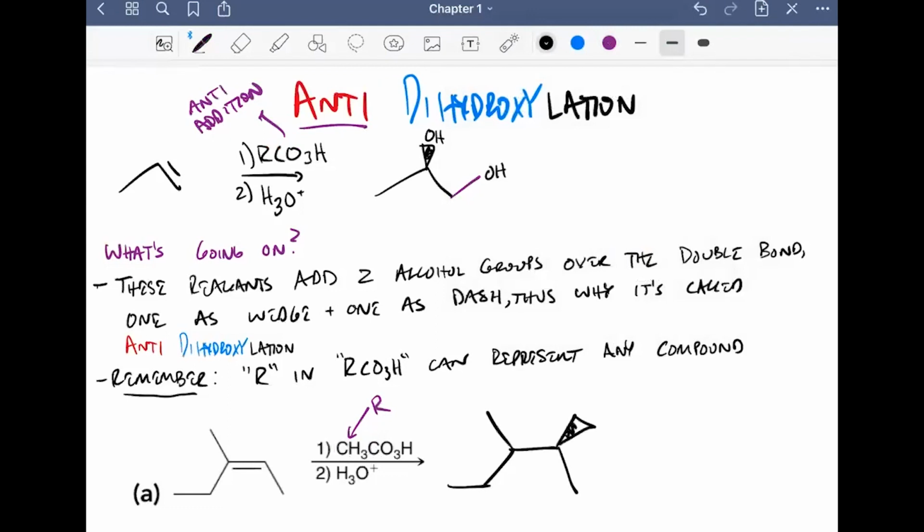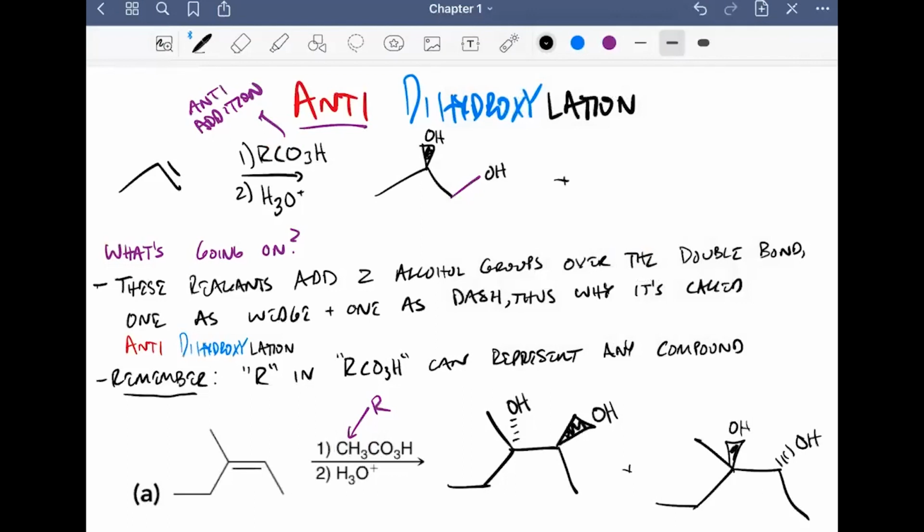So one could be, let's put this one as wedge and this one as dash. And there's two OHs over that double bond. And then enantiomer, if you remember what enantiomer is, you would have a plus enantiomer because you could also write this as a wedge and the other one as a dash. That would work as well.